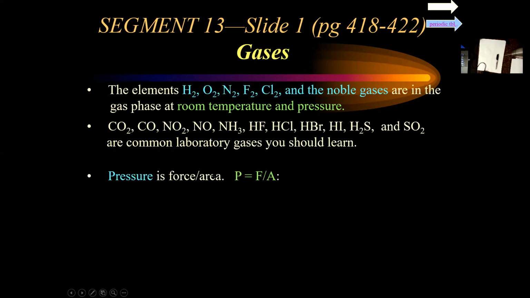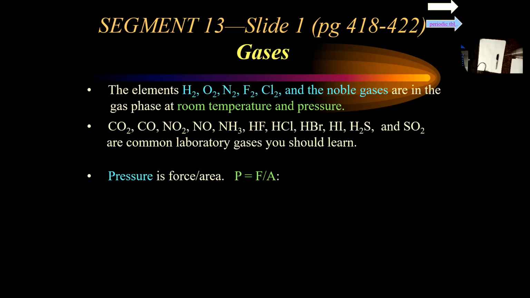And one of the characteristics of gases is that they can exert pressure. We have a concept of what that is, but pressure is defined as force per unit area. So every little piece of surface area has a force exerted on it, and the pressure that the gas is exerting is defined by the force divided by the area that force is applied to.